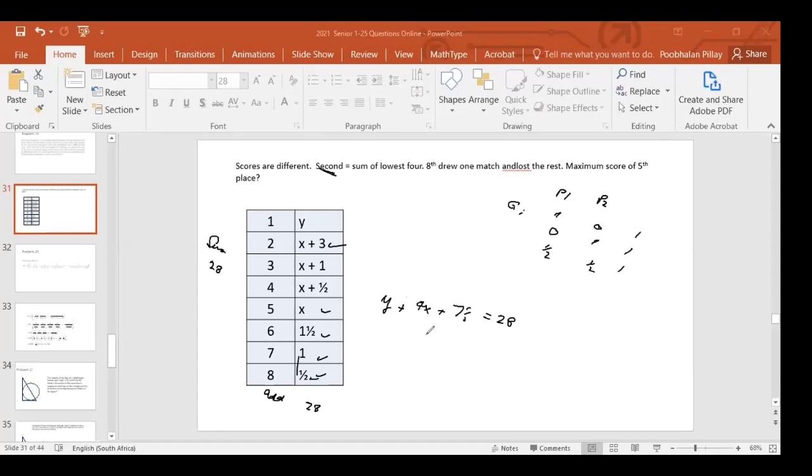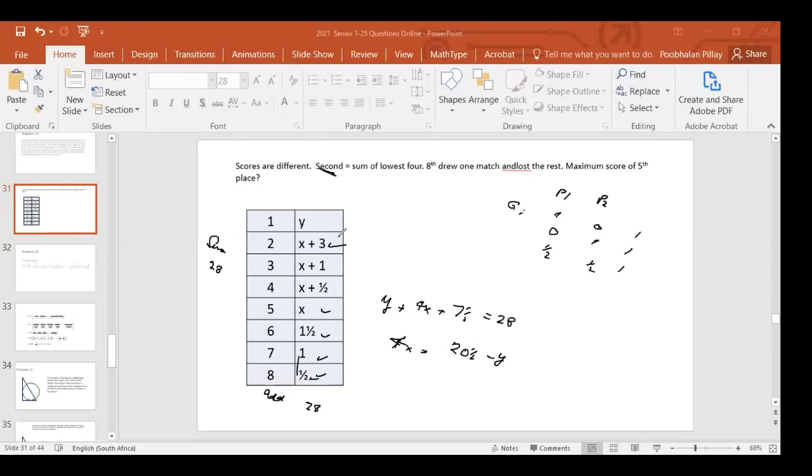Okay, so we need to solve for X. So 4X, when you bring this to the other side, you get 20.5 minus y. So you want to know the largest possible value you can have for X.